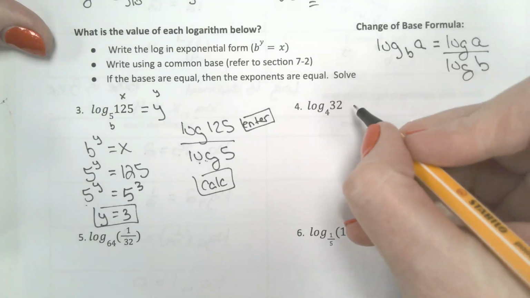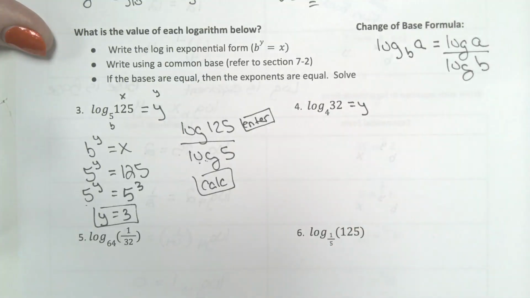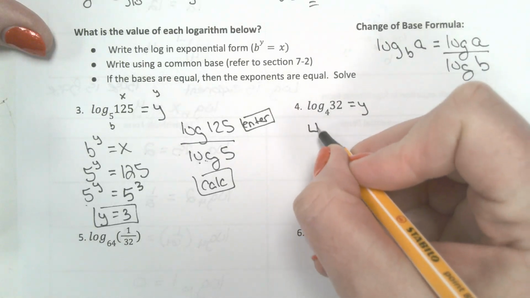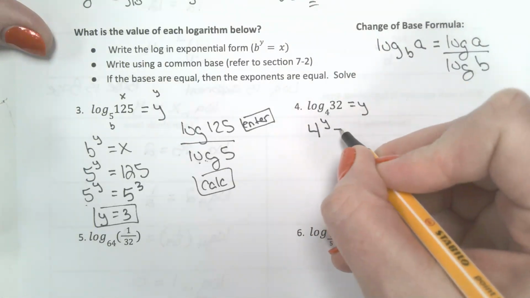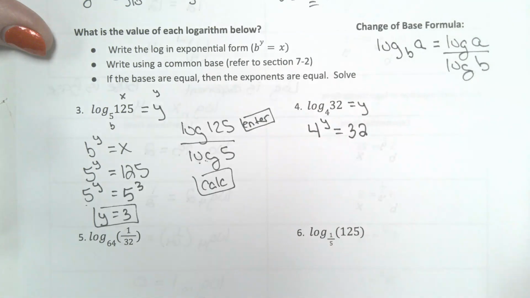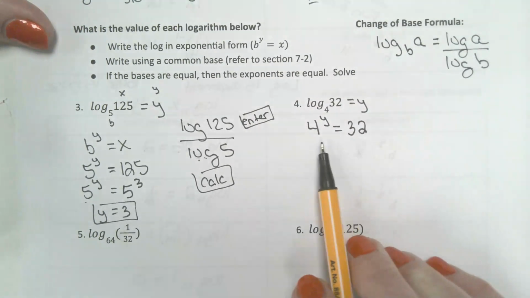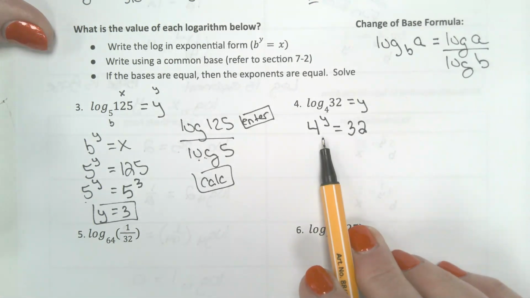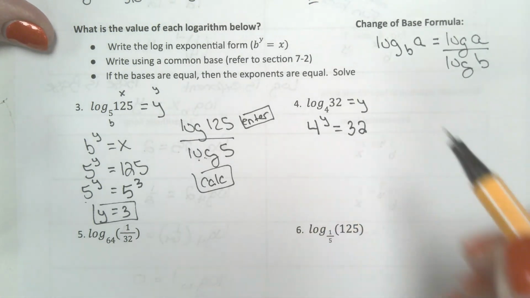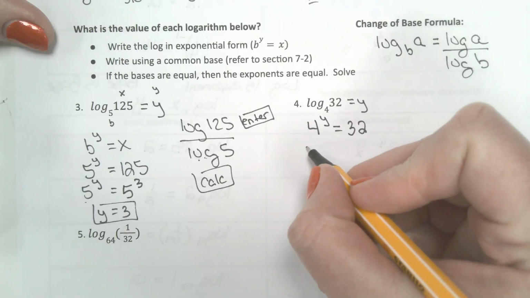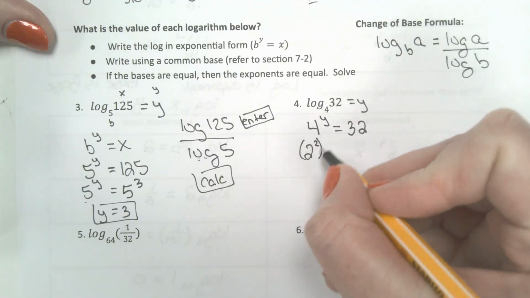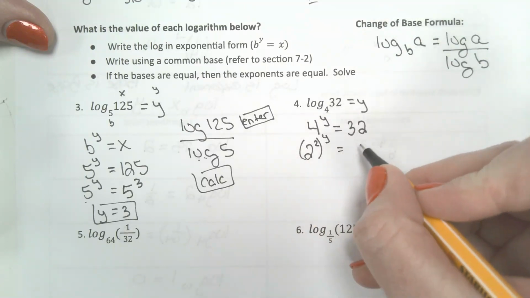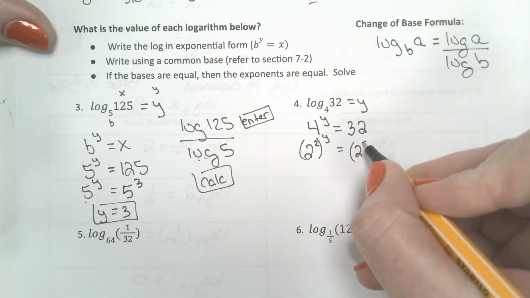Number 4, add in an equals y, change form. So when I drop and swap, that gets me 4 to the y equals 32. So I can't write 32 as 4 to some power, so therefore when I get my like bases, I'm going to have to use 2. So 4 is the same as 2 squared, and 32 is the same as 2 to the 5th.